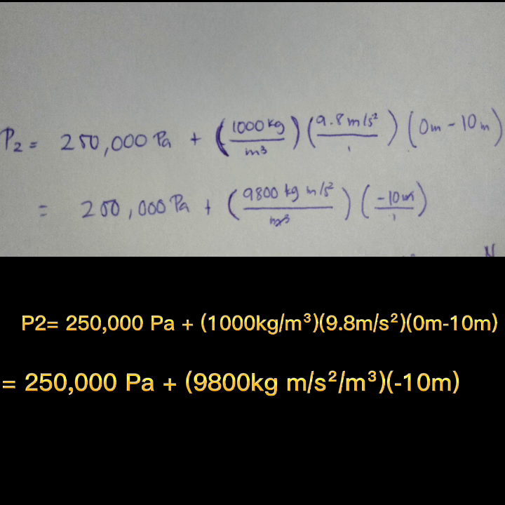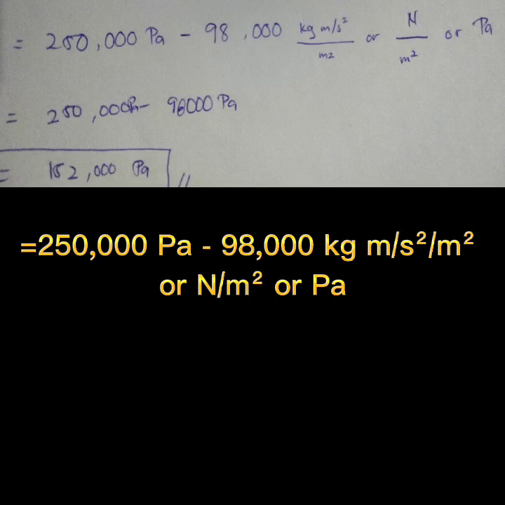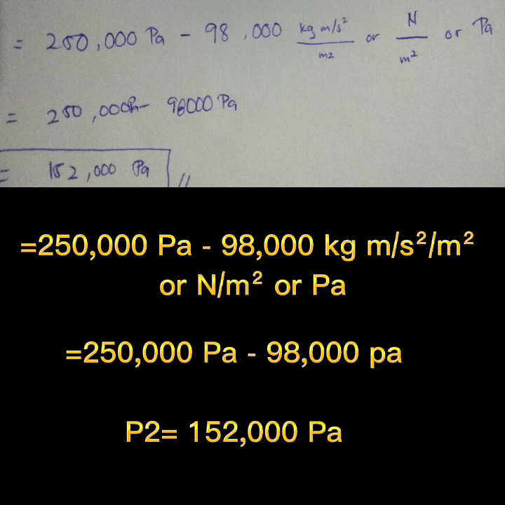So with the cubic meter, one cancels and it becomes square meter, since the 10 meter has a meter in it. The result is 250,000 Pascal minus 98,000 kilograms per meter second squared over square meter, or for short, Newton over square meter, or we can write it as Pascal. And for the final touch, let's just subtract 250,000 Pascal minus 98,000 Pascal. Then our pressure 2 is 152,000 Pascals.